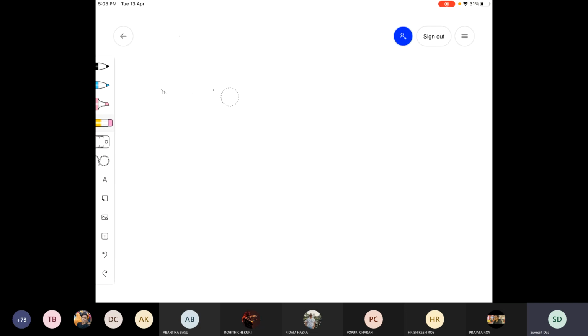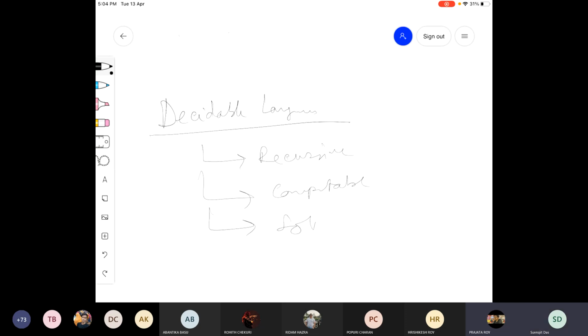Decidable languages. Let me write decidable languages, also known as recursive, computable, solvable, right? Now, why do we call them recursive, computable, solvable?